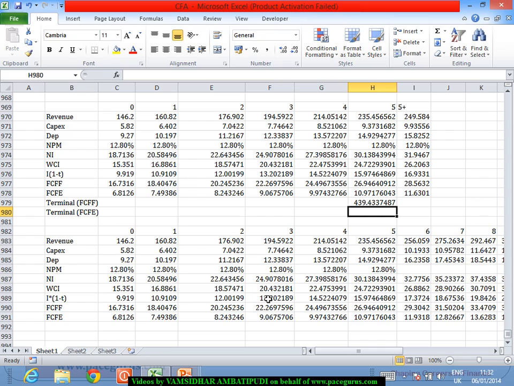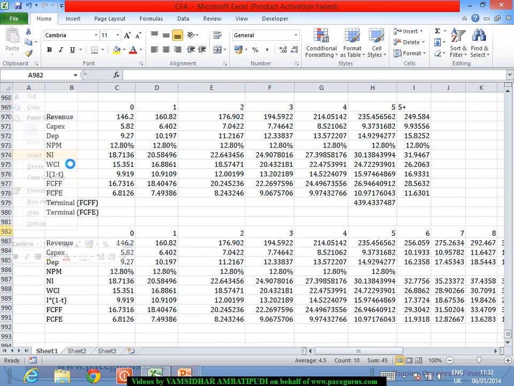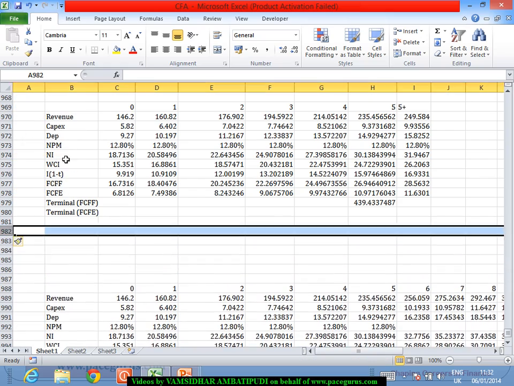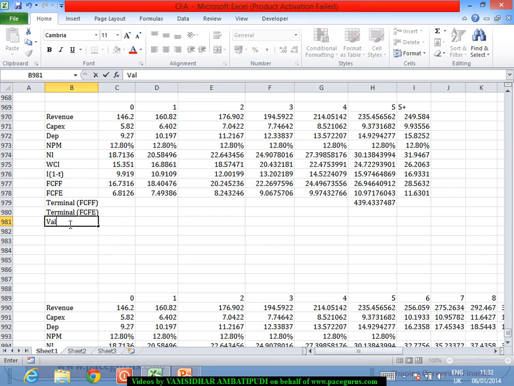So now if I want to find out the value of the firm, now getting into the value of the firm using the FCFF approach. So one is these 5 cash flows.